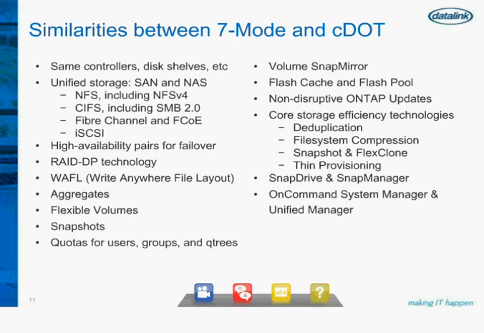The aggregates are the same. The flexible volumes are the same. Snapshots. The ability to use quotas to control access to space allocation for users, groups, and qtrees. SnapMirror at the volume level carries over and functions very similarly. There's a couple of slight differences which I'll get to.